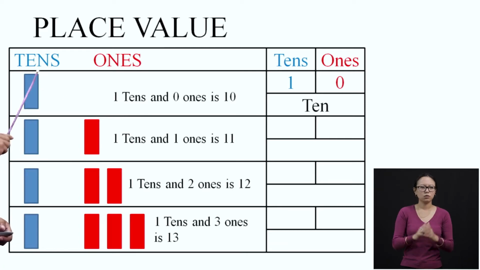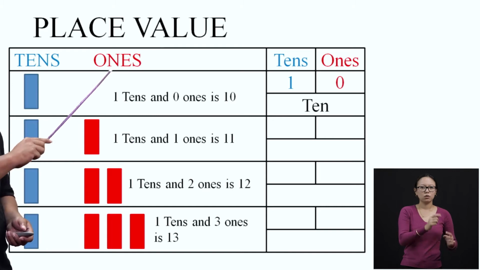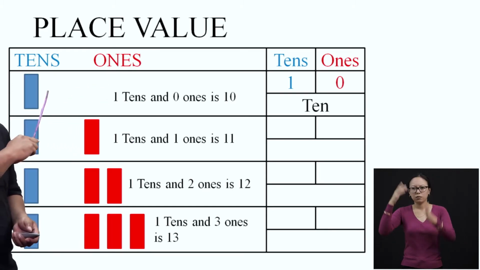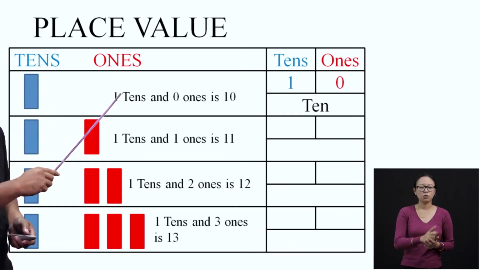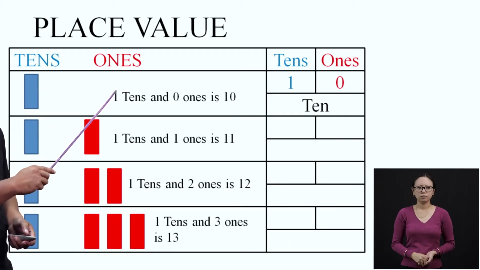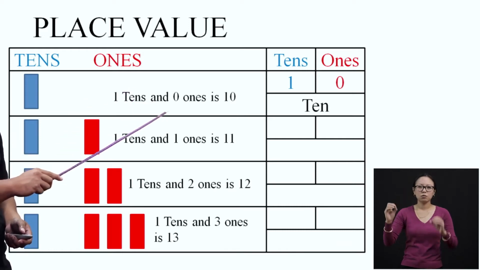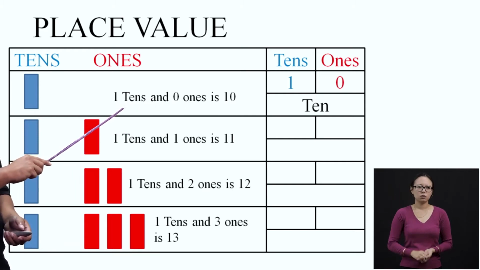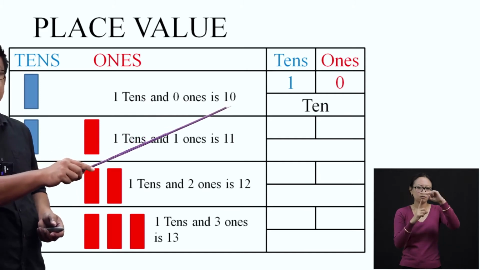In tens place, we have one blue strip, and in ones place, we have no strips at all. So for the first one, we are writing 1 ten, meaning one blue strip, okay? And there's no strip over here, so we're writing 0 ones, all right? So when you combine 1 and 0, it forms 10, all right, children?